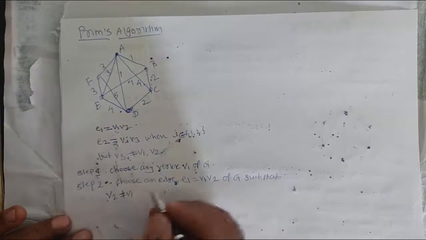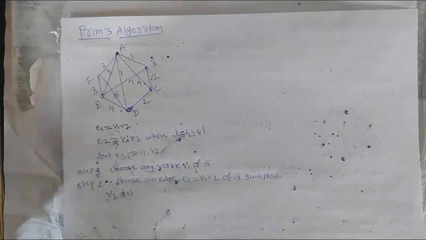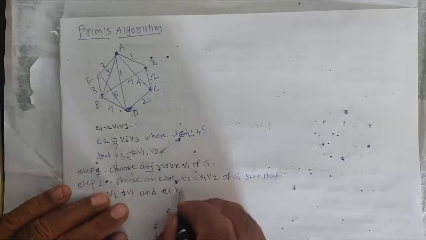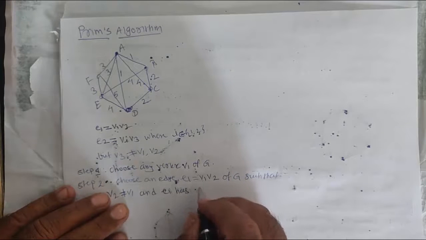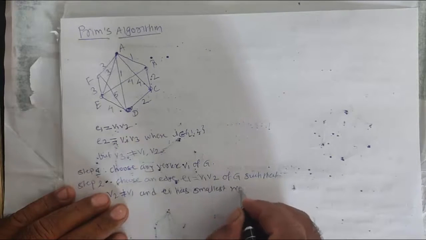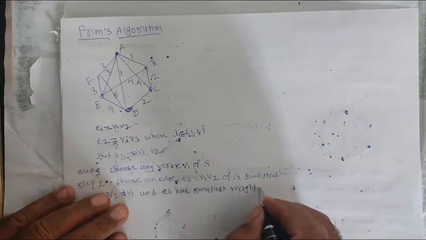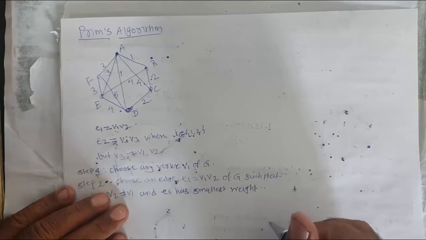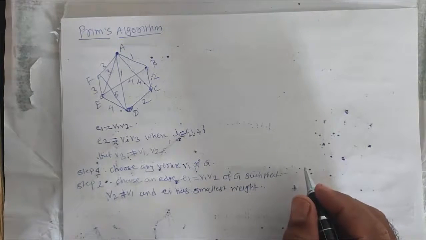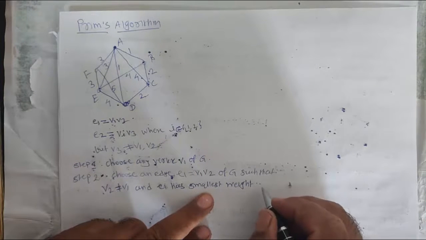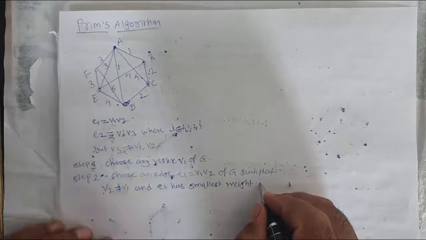That means this E1 is not a loop and E1 has the smallest weight among the edges of G incident with V1. Smallest weight among all edges which are incident to V1.